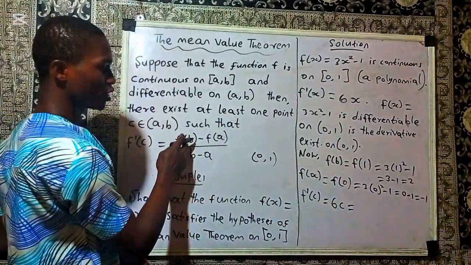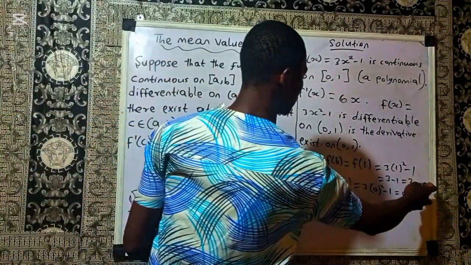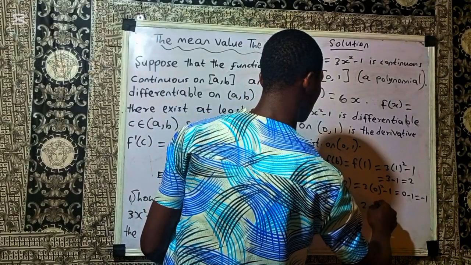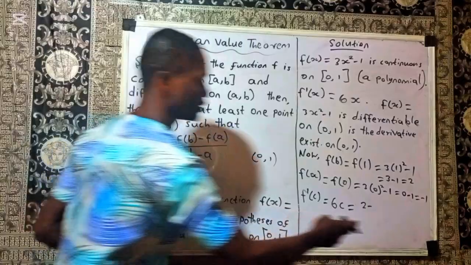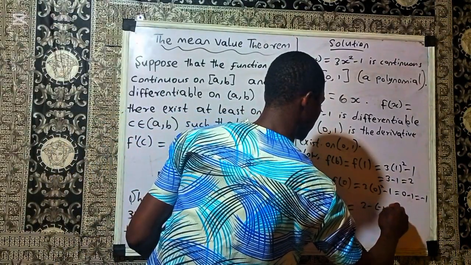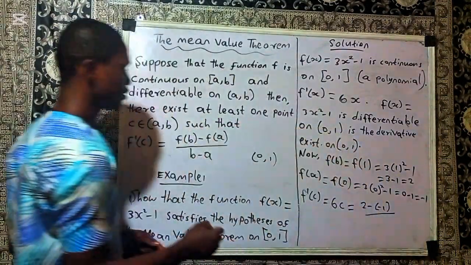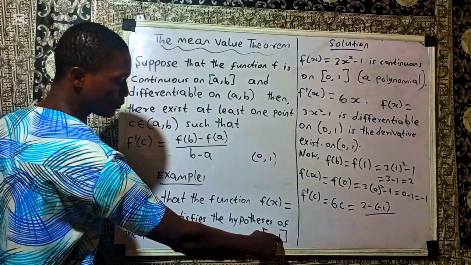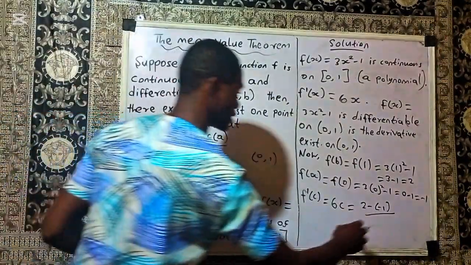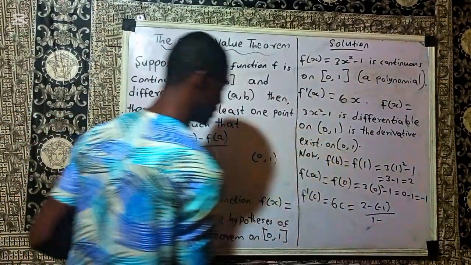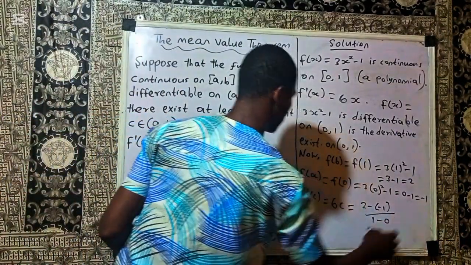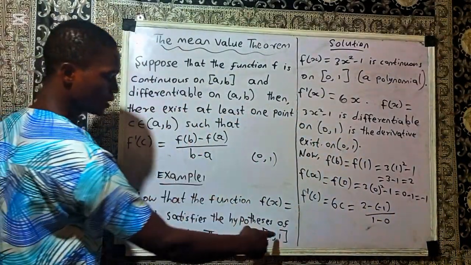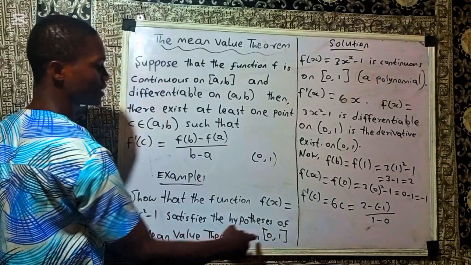What is f at b? 2. You have 2 minus, you put a negative sign, what is f at a? Negative 1. Negative 1 divided by, what is b? The end point, the last point, 1, minus what is a? The first point, 0. So I have done b minus a, the last point minus the first point.